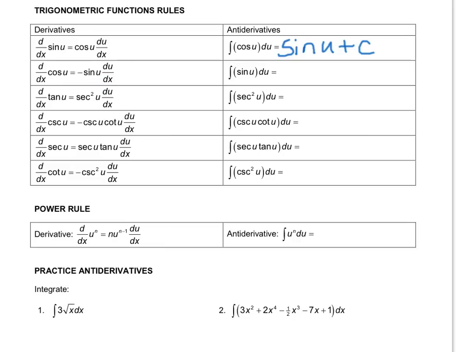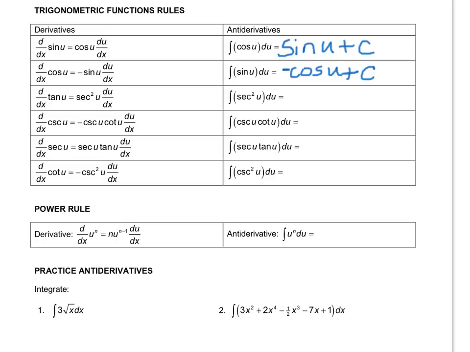Well, if you look over at the antiderivative side, the antiderivative of the sine, okay, so what function when you take the derivative gives you the sine? Well, it's tempting just to say the cosine. And if you say the cosine, think about it. Take the derivative of the cosine of u and you'll get a negative. So that's not quite right. We have to put on a little negative there.